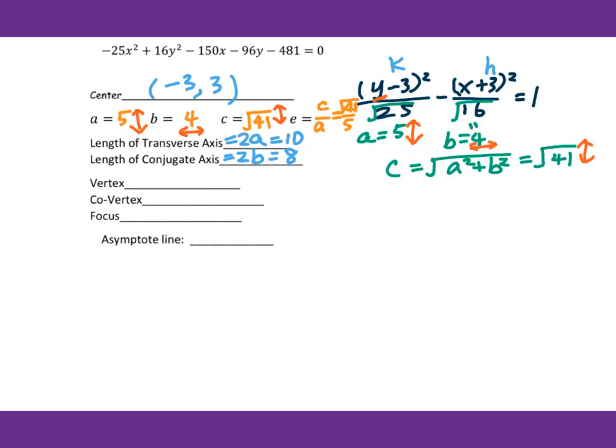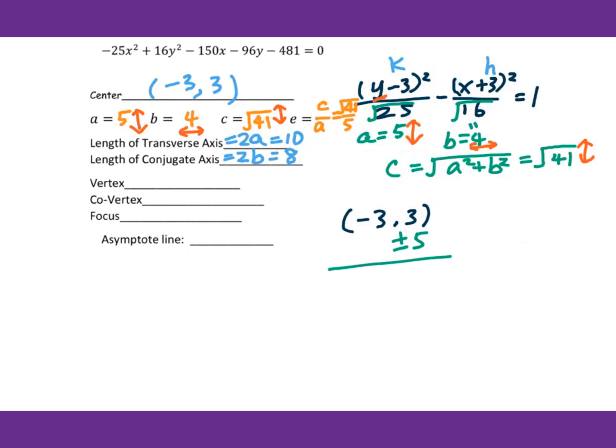For the vertex, we have center negative 3, 3. For a, that's vertical. That's why I add or subtract 5 to the y coordinate.